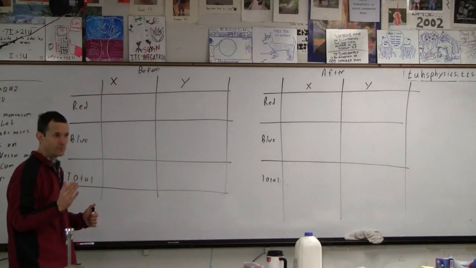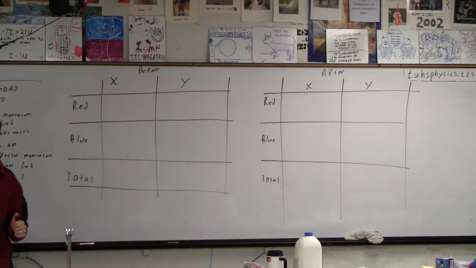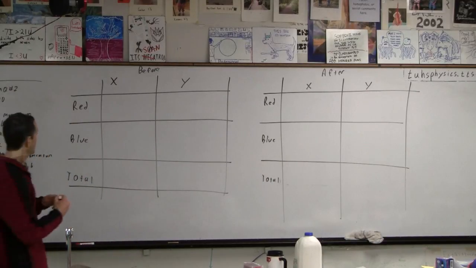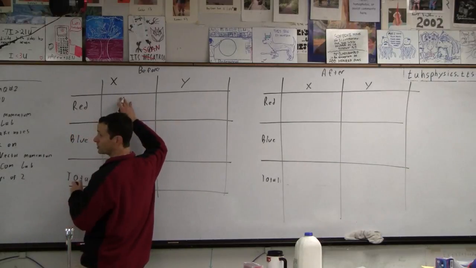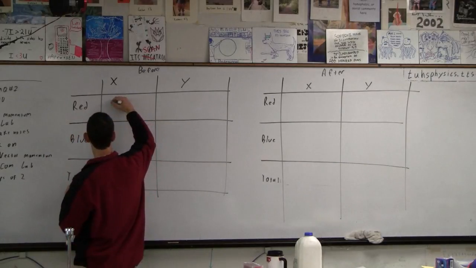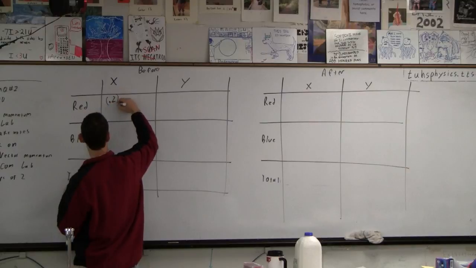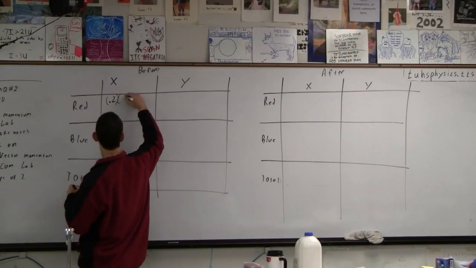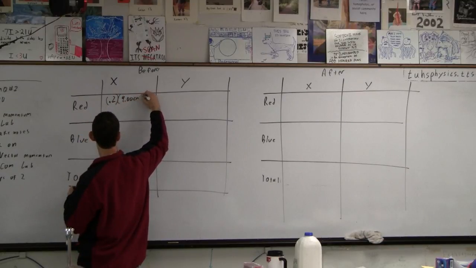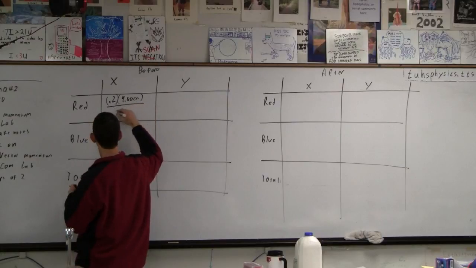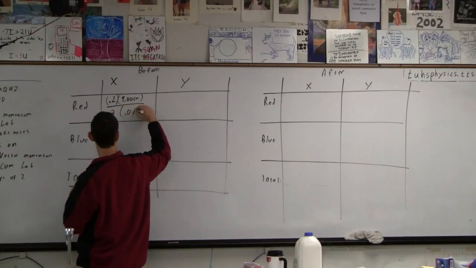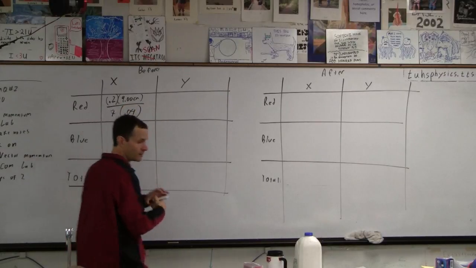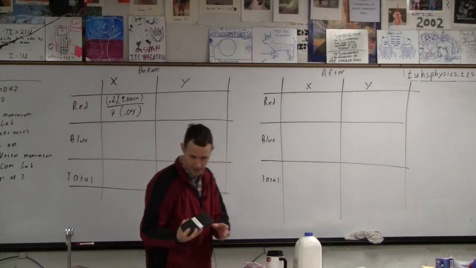Now, I've got the calculation of red before. Okay? So red before in the X direction, because that's definitely in the X direction, is 0.2 kilograms times 9.00 centimeters, right? Divided by 7 times 0.04, right? And I can calculate this.